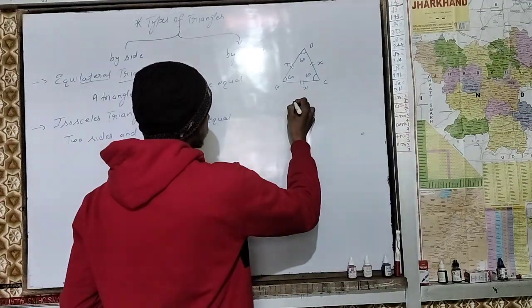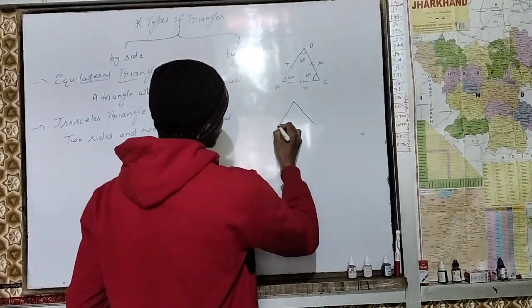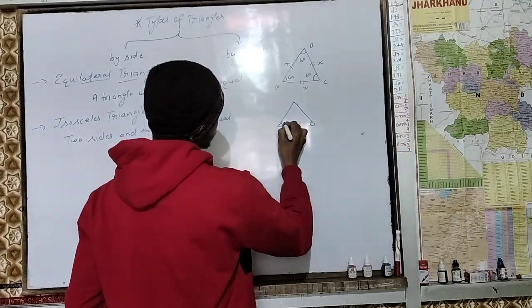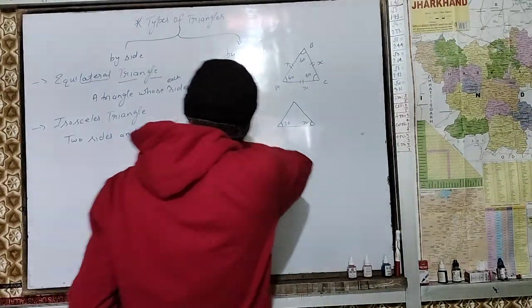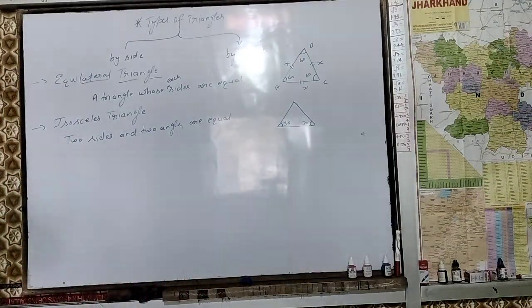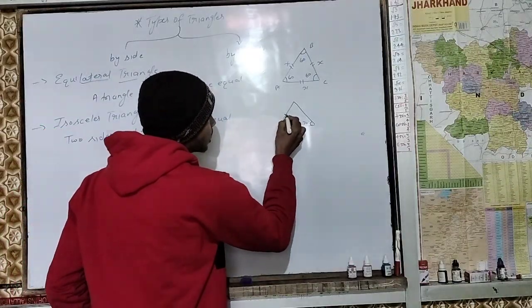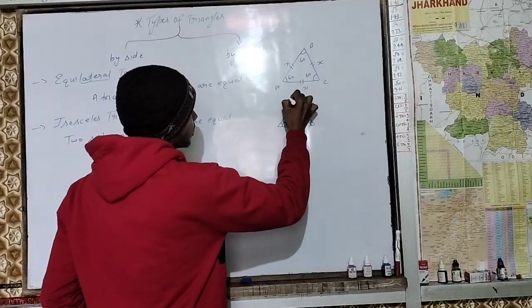For example, let's say this angle is making 30 degree and this is making 30 degree. In this case, this line will be equal to this line.